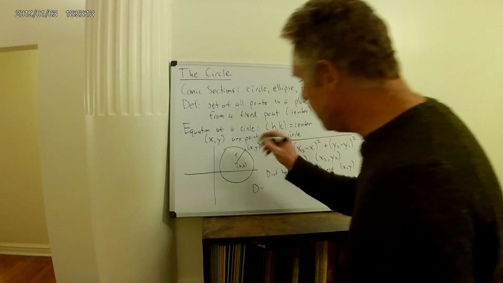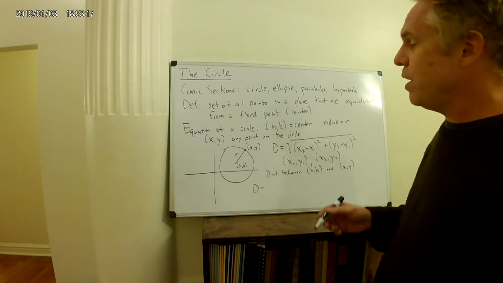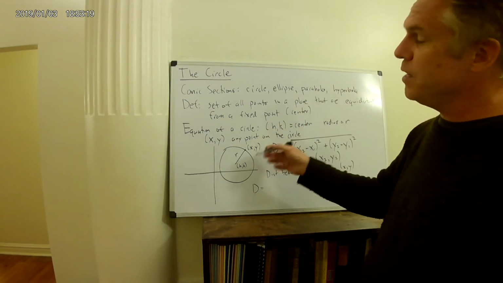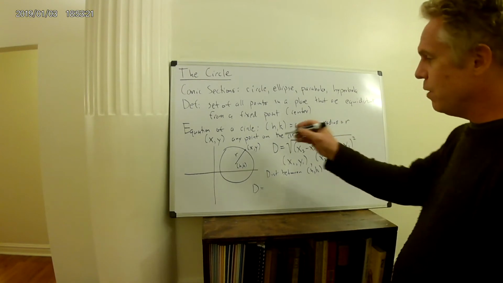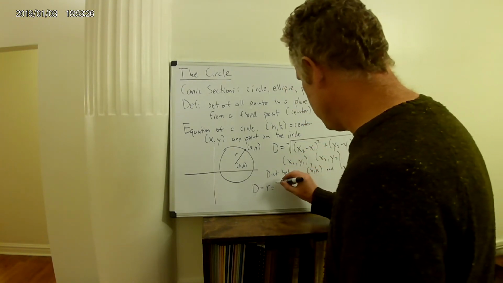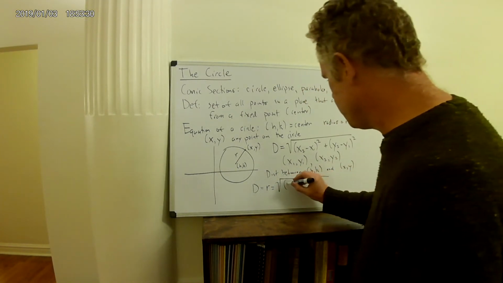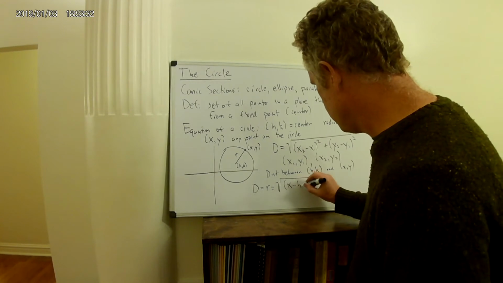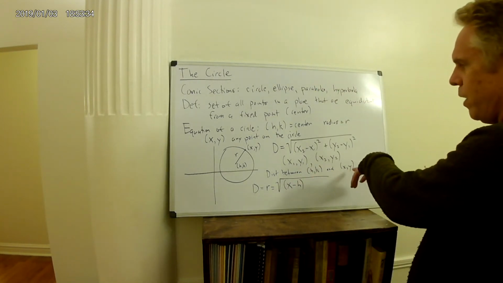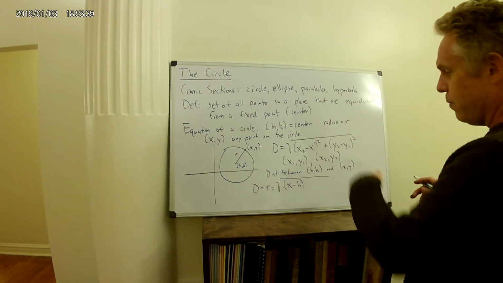Now note that the distance between these 2 points is exactly r, right? That's what defines the radius of a circle. It's the distance between the center to any point on the circle. So we know the distance between these 2 points has to be r. And now if we plug in this equation, we get x minus h. So I'm going to take the point (x, y) to be (x2, y2), our second point, and the point (h, k) to be our first point.